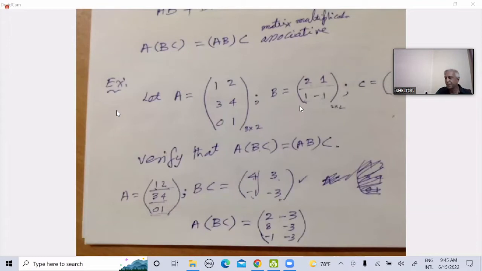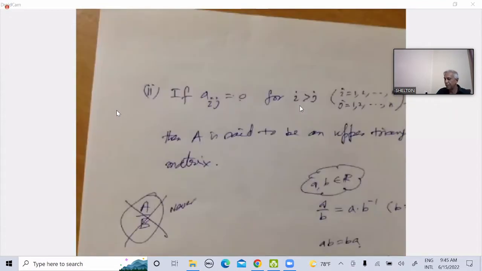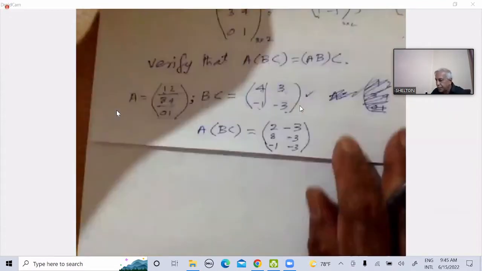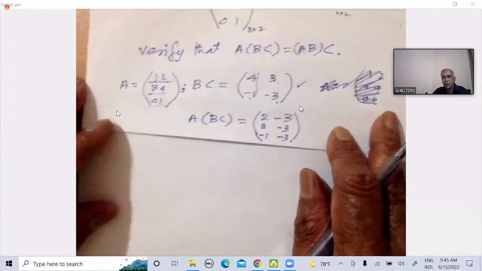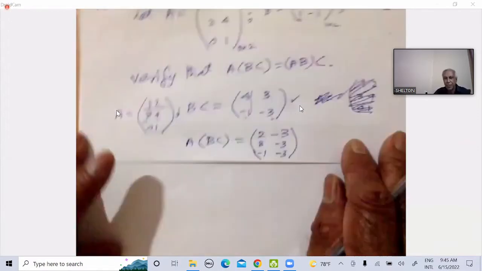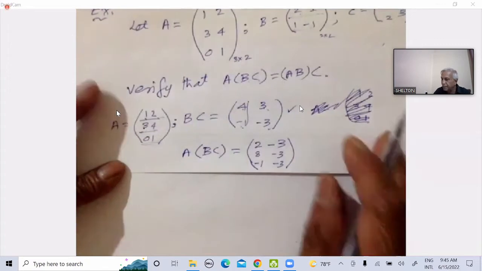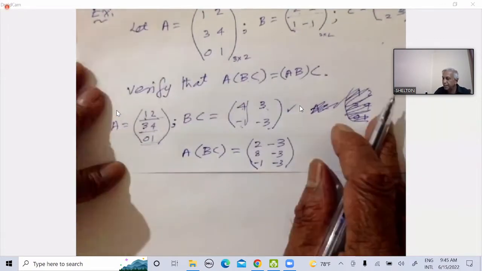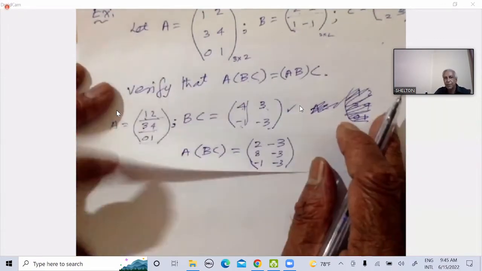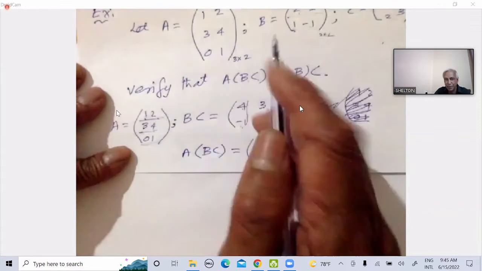What we are saying is, although matrix multiplication is not commutative, it is always associative. A times BC is AB times C. Now find AB. Find AB in the order we have.